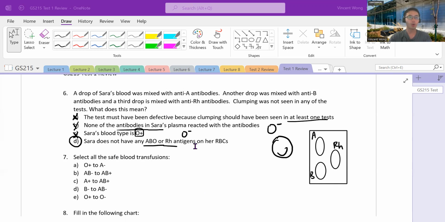What is Sarah's blood type? O negative, right? O negative. Because there's no A, no B.